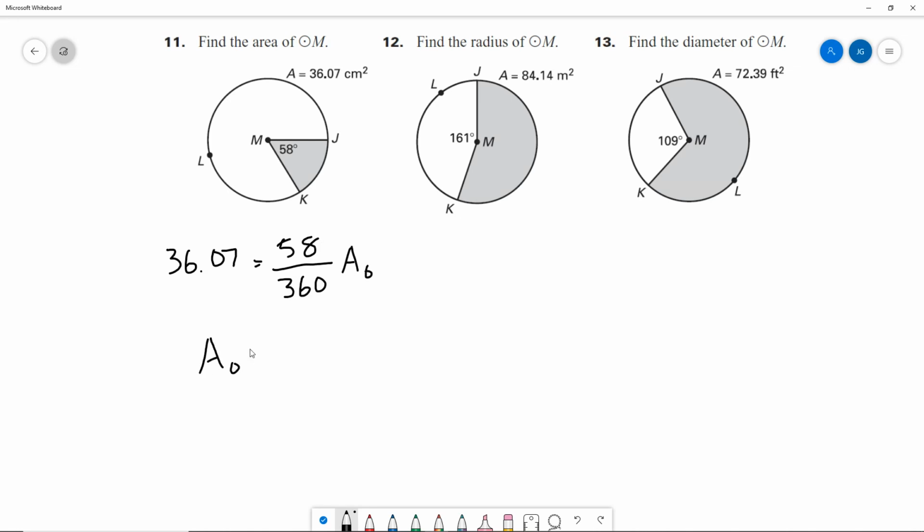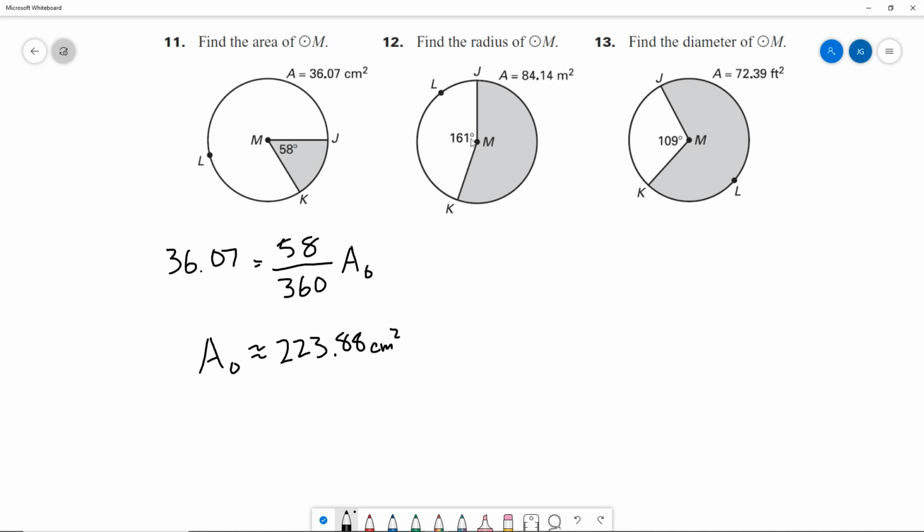Once we solve for the area of the circle, we're going to know that that value is 223.88 centimeters squared.